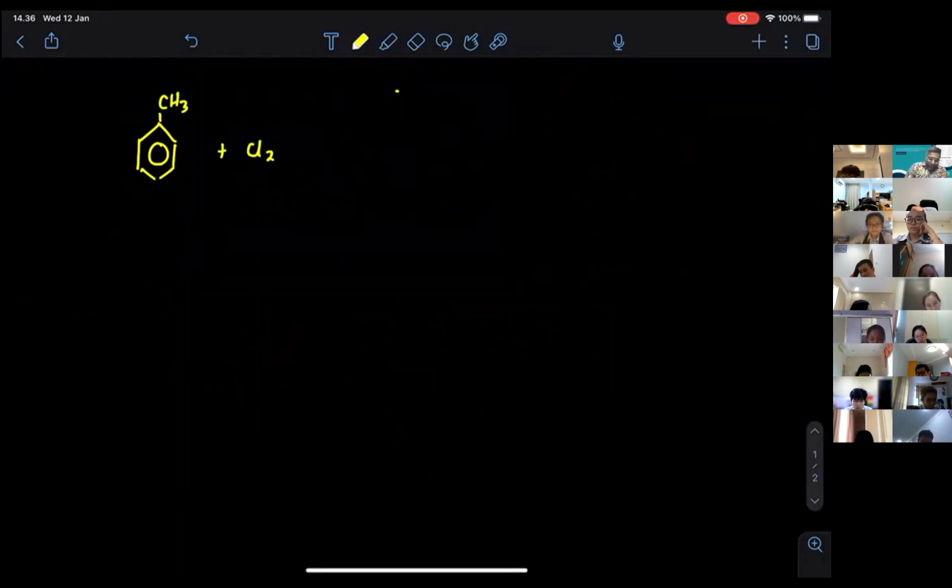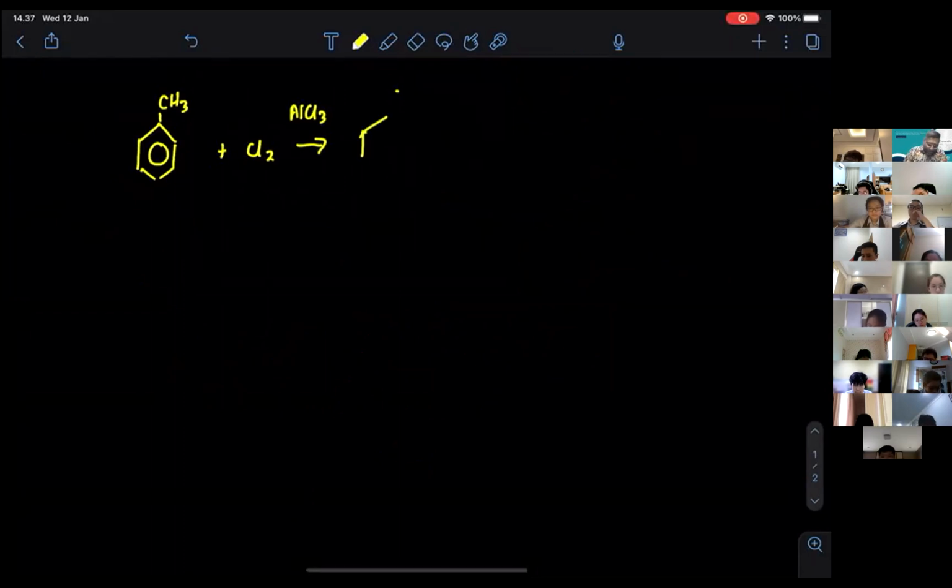The reaction still requires the catalyst AlCl3 or FeCl3, but you are going to have a mixture of products, because the CH3 methyl is 2,4,6 directing.